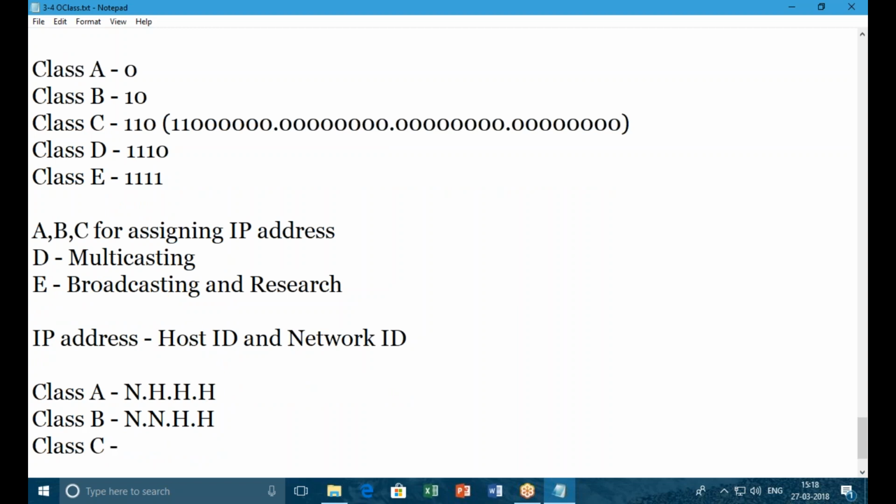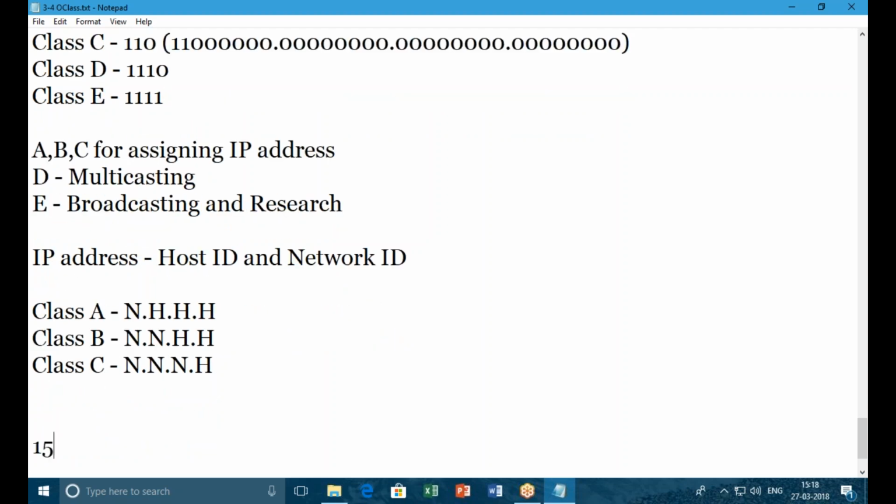Class C, take the first 3 octets as network and the last octet as host.